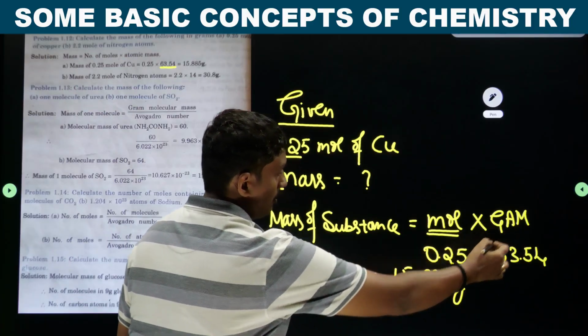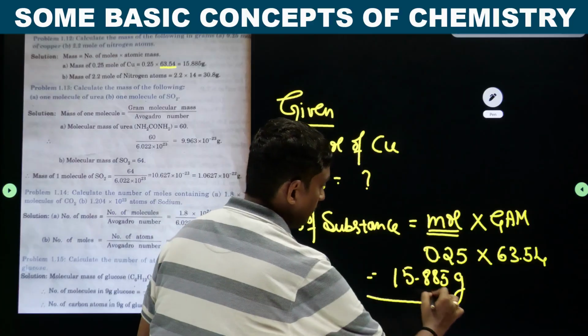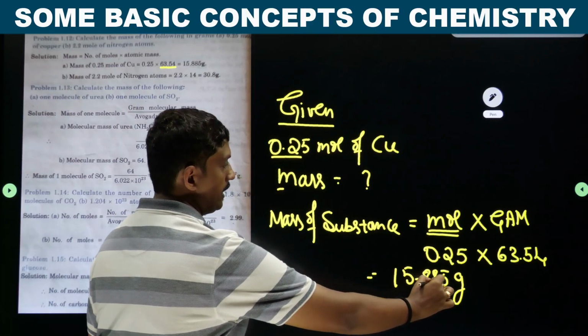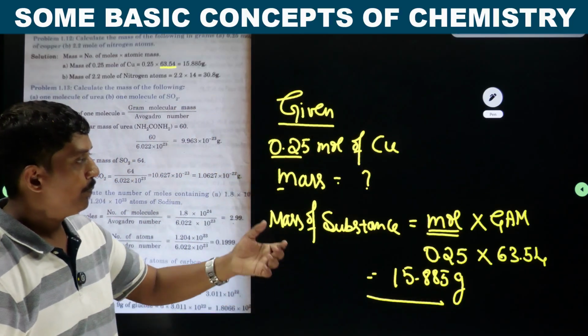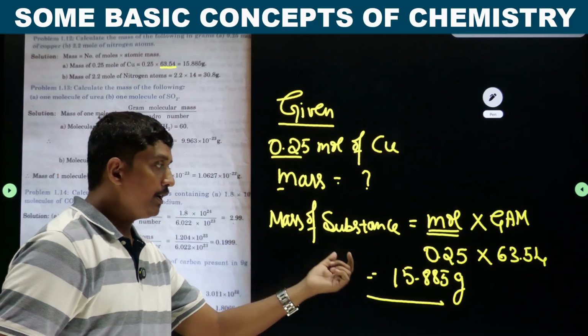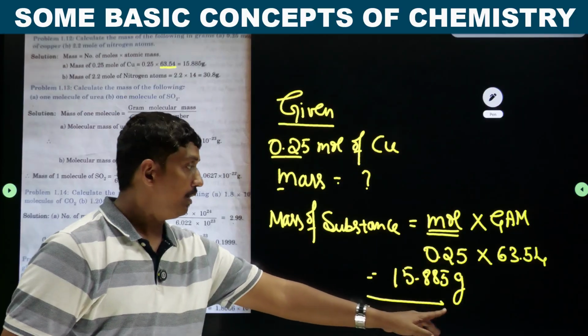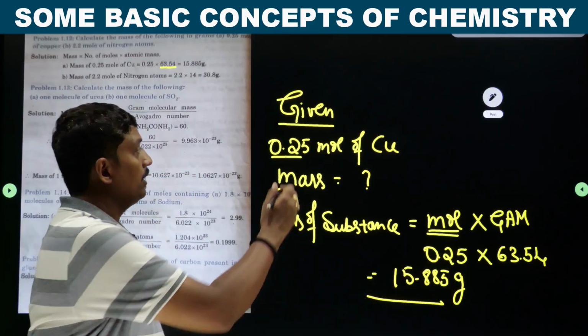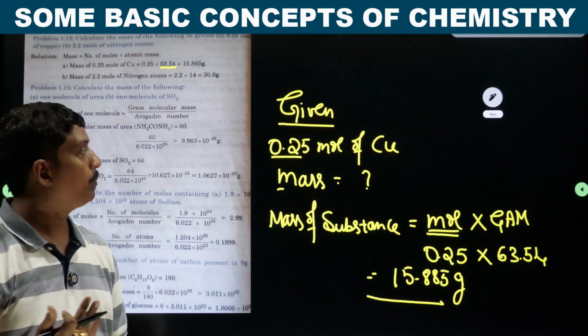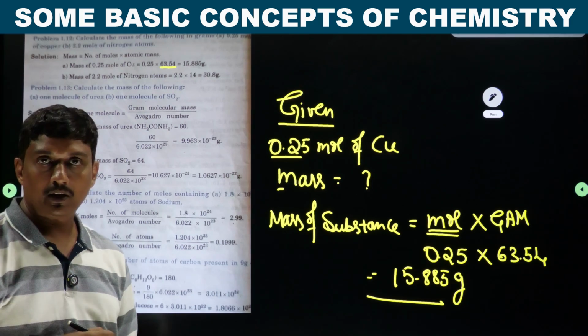Being a gram atomic mass, we are writing 15.885 grams. So if you take 15.885 grams of copper, which is equal to 0.25 moles of copper.